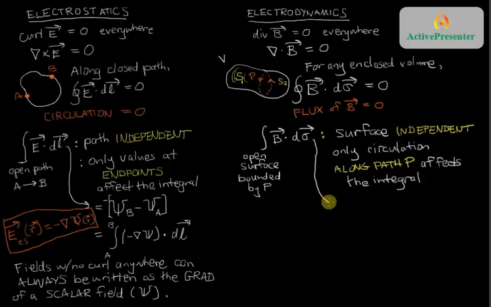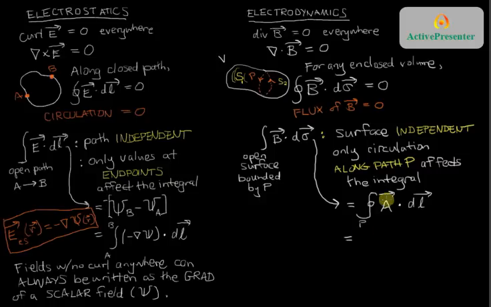So now I'll come down here, very parallel to before, and I'll say that this surface integral has got to equal a closed path integral along path P of how some field points along this path. So only the vector components along the path. Just like I introduced some psi here and said that it's psi at the two special endpoints, here it's some vector A, and only the components of A that point along the path can possibly be important. This is the assertion that there is a vector potential related to B.